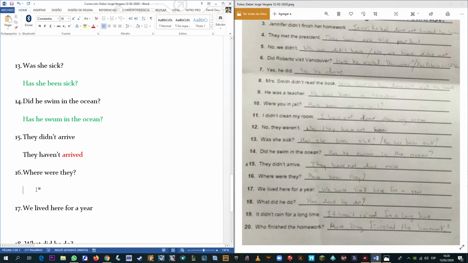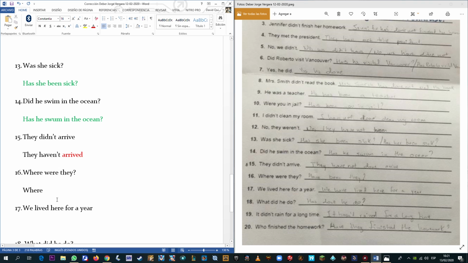Okay, now the 16th question, where have they been? What could be the transformation? Let's see that we have here the WH question where, and we should keep it because it is the reason of the question. Where? It asks us about a place, so we should keep it.